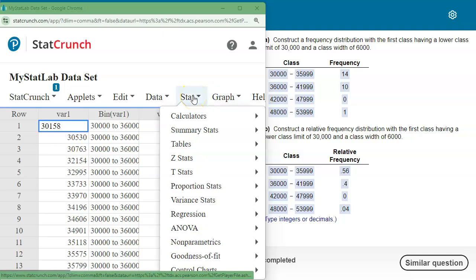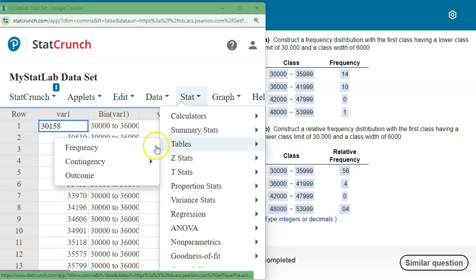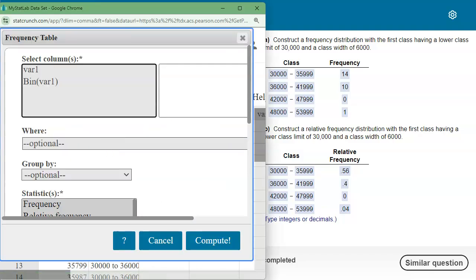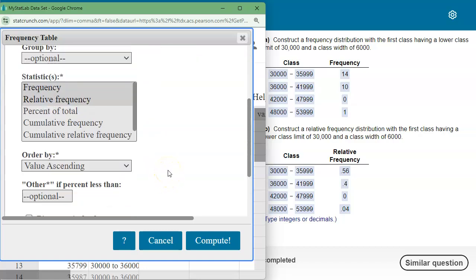Next, we're going to go to Stat and highlight Tables, and then Frequency. We'll then click Bin of that first column. In this case, it was just labeled R1. And under Type, we wanted both, actually. We want frequency and relative frequency, and I see that both of these have been selected here, but just in case, you could always multiple select by using Shift-click.